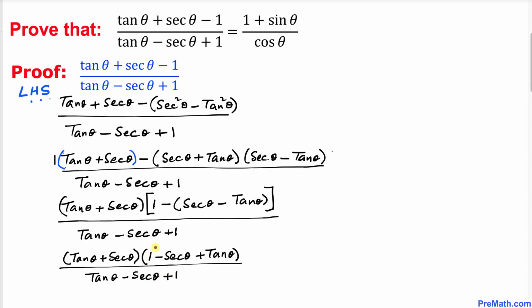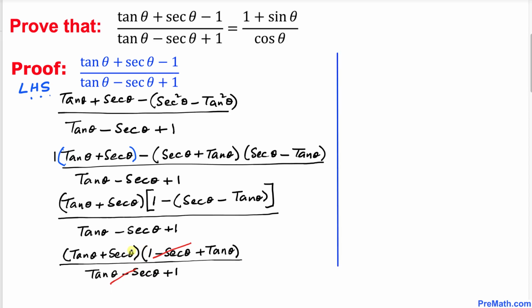Now we can see in the numerator this factor is same as this denominator. So therefore we can cancel out this with this one. So therefore we end up with this part only.